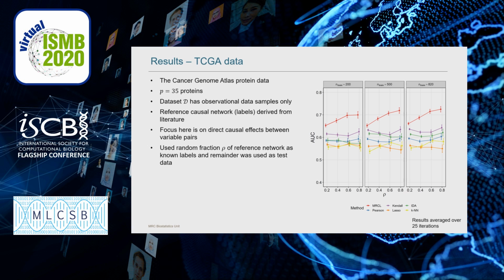So here we're trying to learn direct causal effects instead of indirect effects, as in the last example. The results are broadly similar to before. We can see that MLCL is again performing well, even though this is now just observational data. And another difference is that k-nearest neighbours is no longer performing a bit better than the other methods.